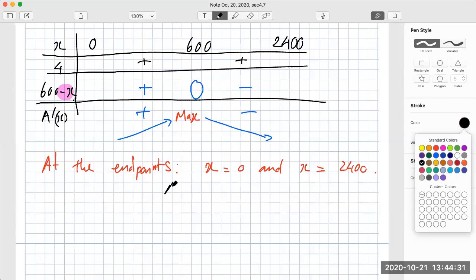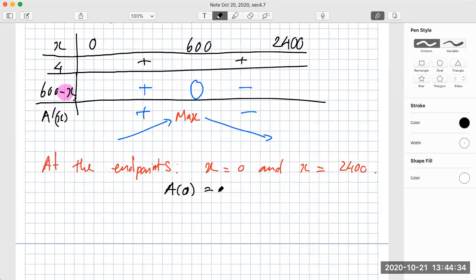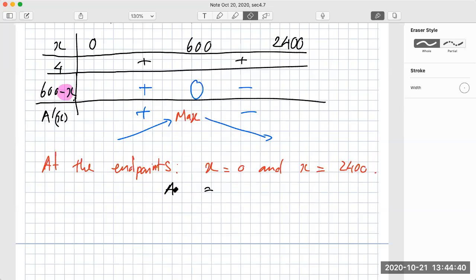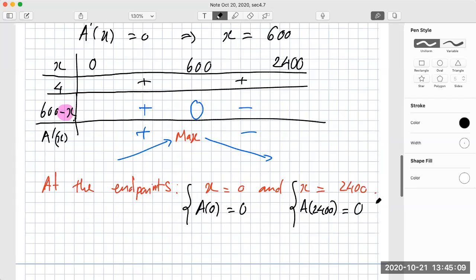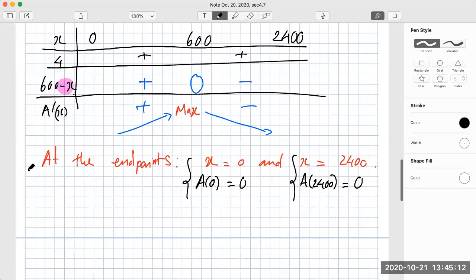We have that A of 0, what is the area of this when x is equal to 0? Yes. And what is the area at 2400? When x is 2400, y should be 0, yeah. Then it is 0.